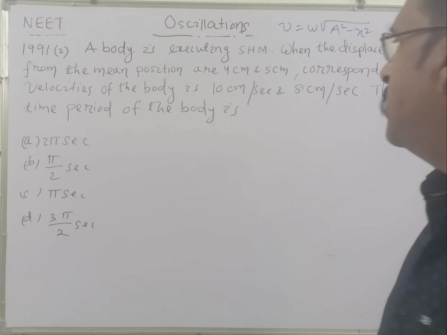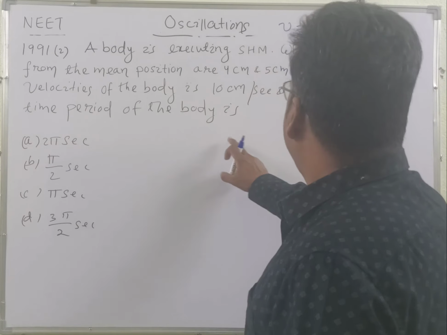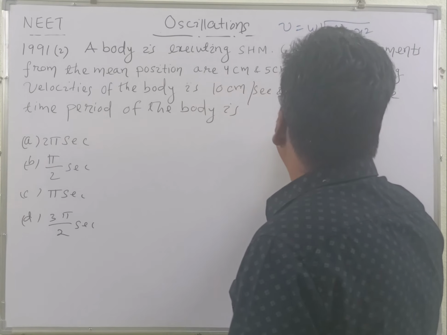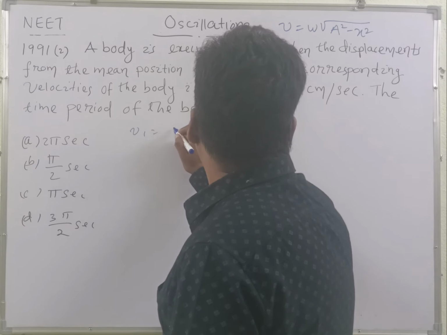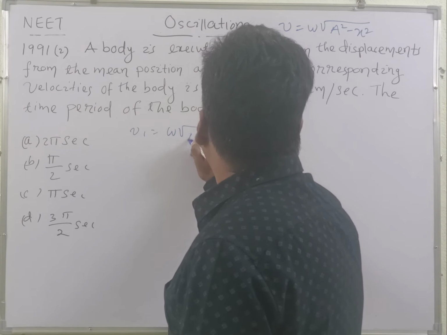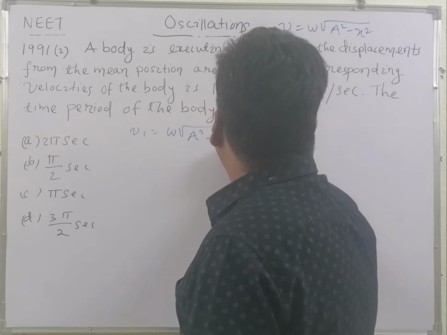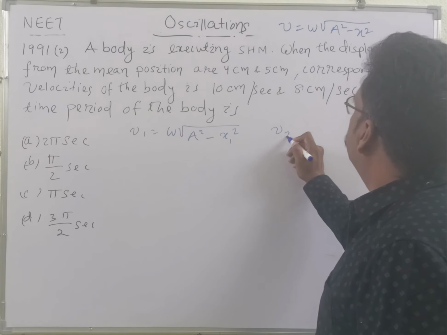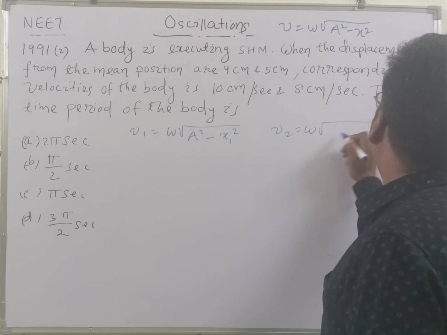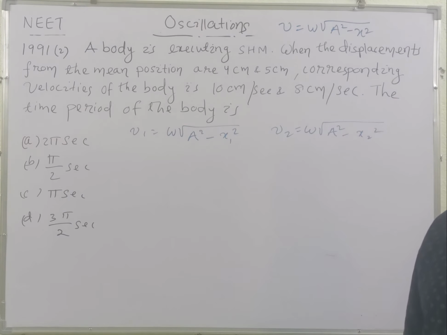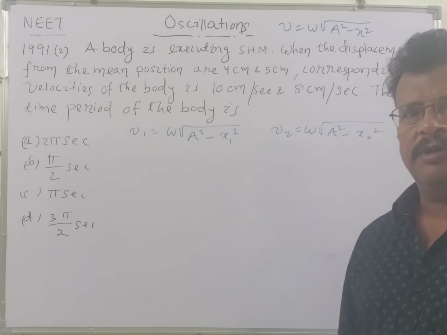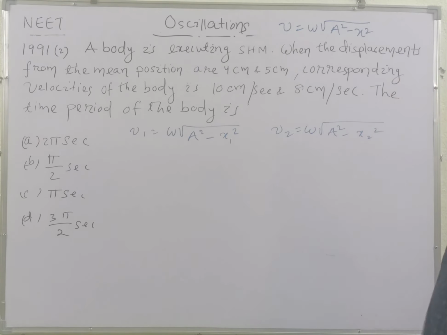The corresponding velocities are 10 cm per second and 8 cm per second. Let us write V1 is equal to omega into root a square minus x1 square, and V2 is equal to omega into root over a square minus x2 square. Let us write the two situations so that we get two equations, and on solving these two equations we can find out the time period.